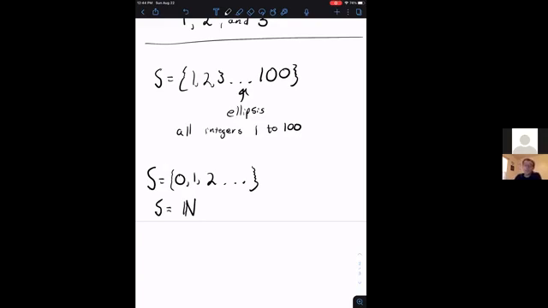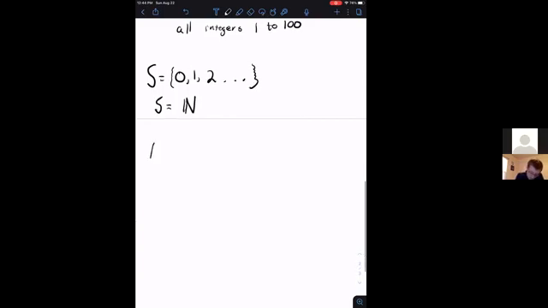So anyway, set theory has all these weird axioms. If you took linear algebra, you know what an axiom is. An axiom is just like a rule. They have one axiom called the axiom of extension. You do not need to know this name, but you do need to know what it does.